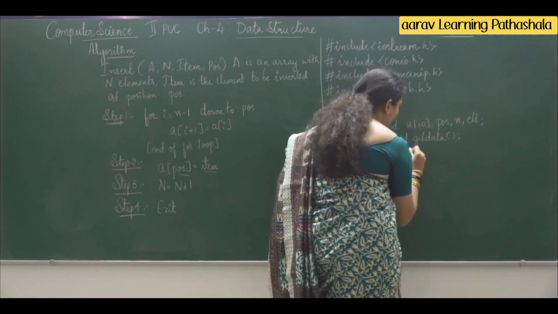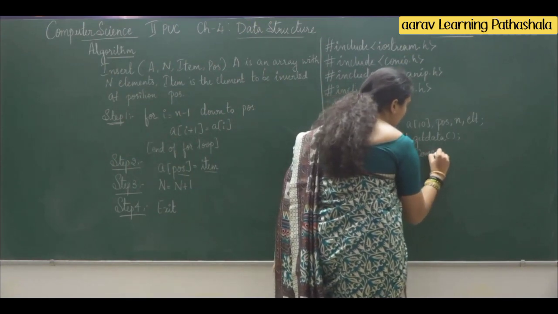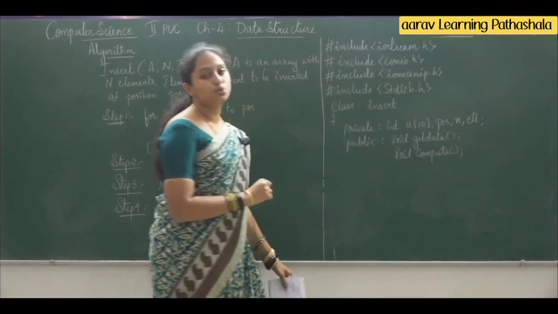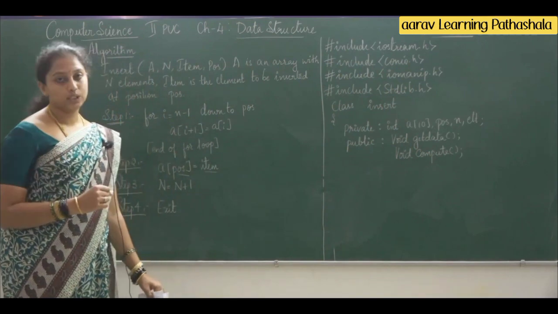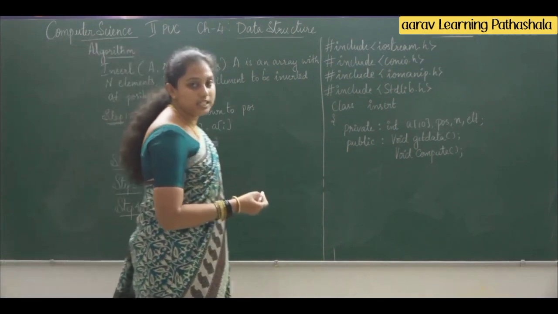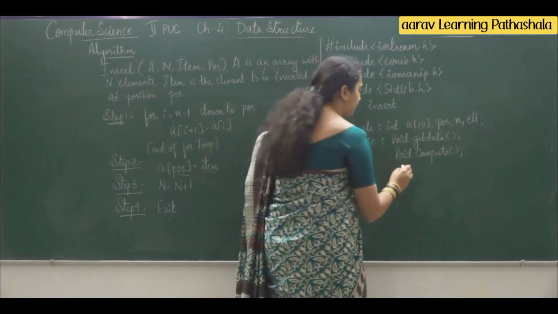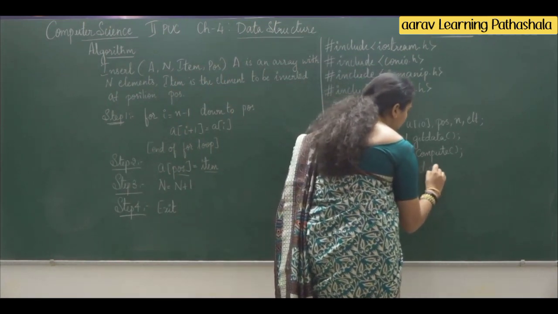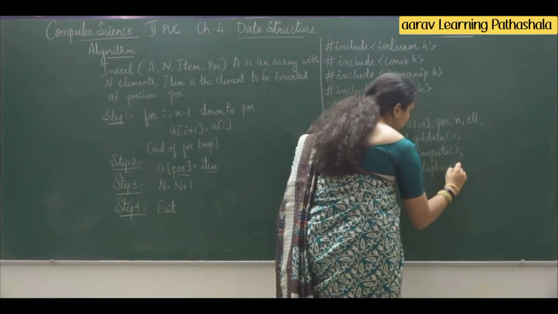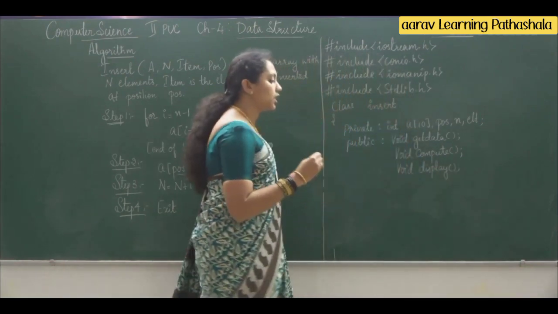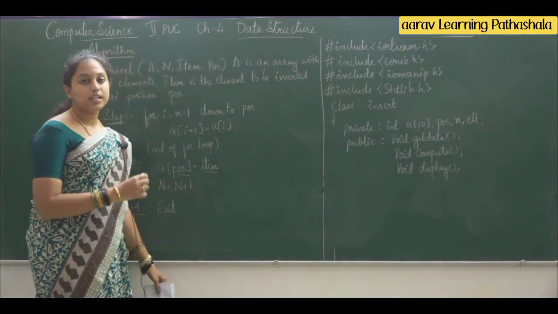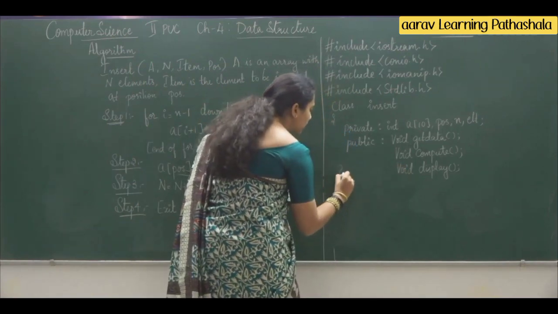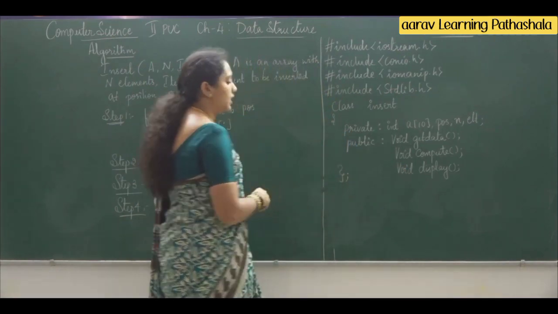Next function is void compute. This compute function is used to write the required calculations which is needed for our program. Next is void display function. Display function is used to display the output on the screen. So I am going to close the class using semicolon.